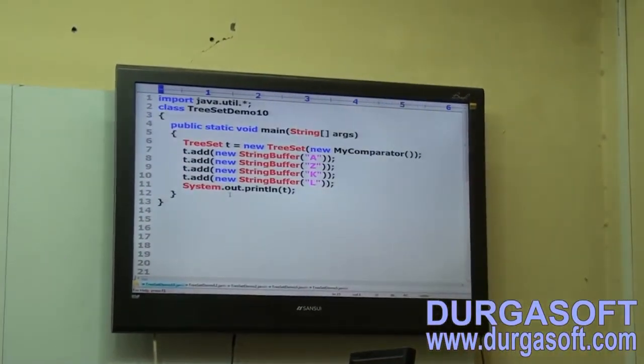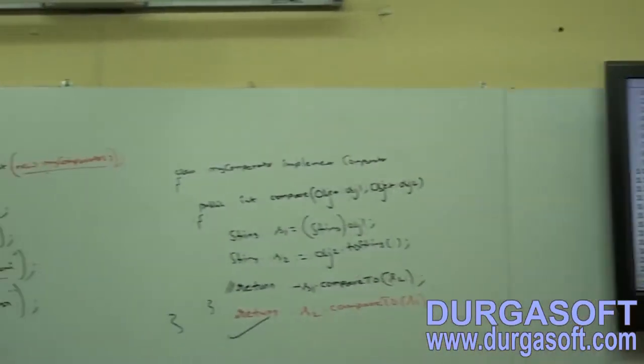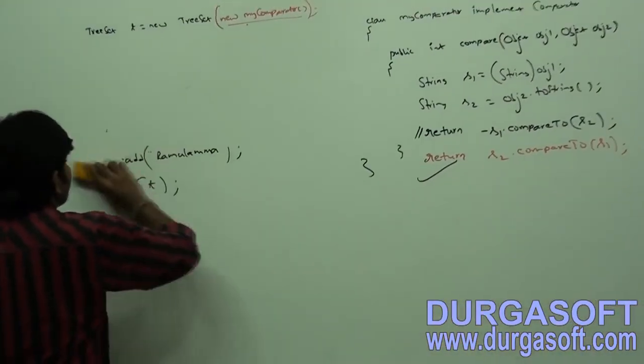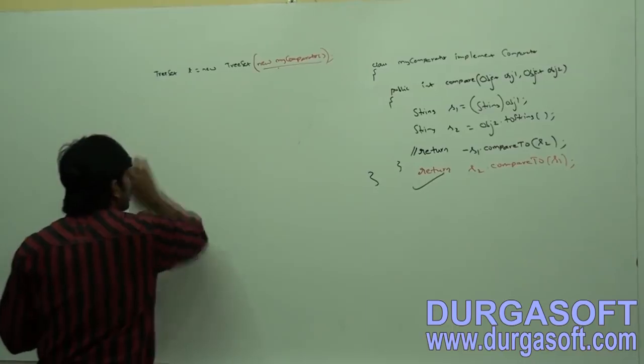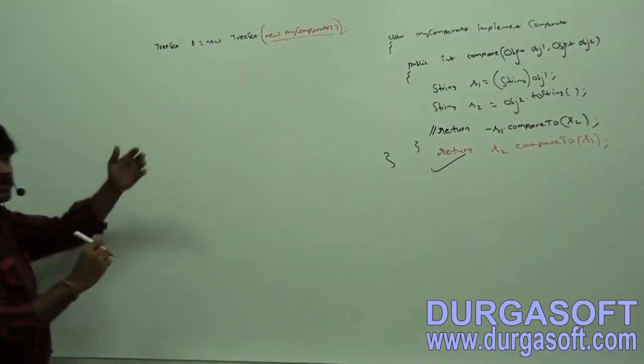Can you please spell out here? See what objects we are adding. TreeSet t = new TreeSet(new MyComparator()). Can you tell what objects we are adding?